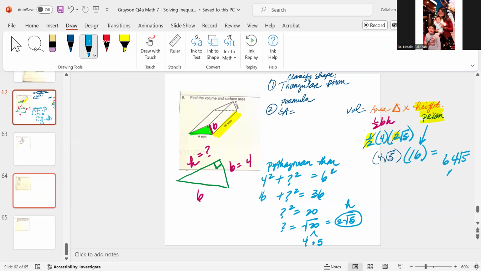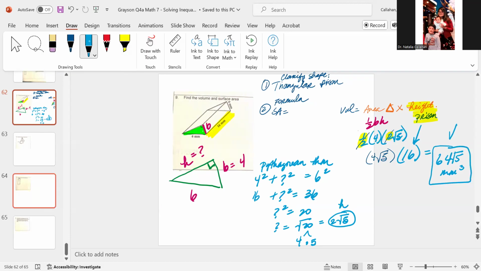And you could put millimeters cubed. And that's the volume. Do you understand? So that was the volume demonstration. That's just the volume. I haven't found the surface area yet. The surface area is going to be a little bit different.